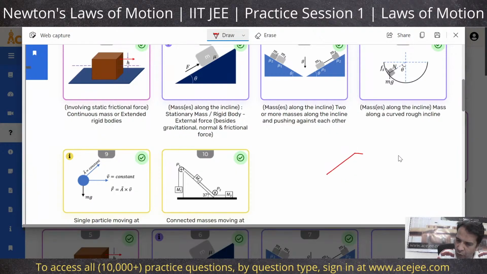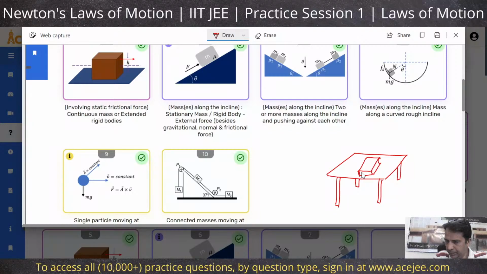So let me quickly draw up a table here. Okay. Let's say you place a book here. Now, nobody is pushing the book.